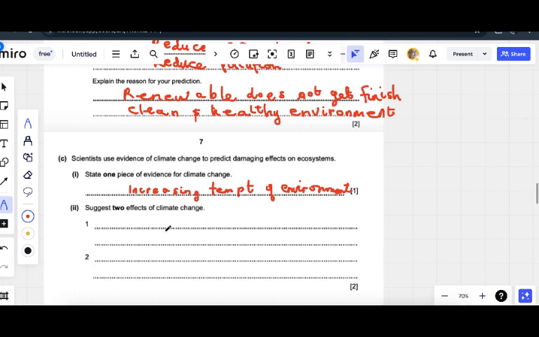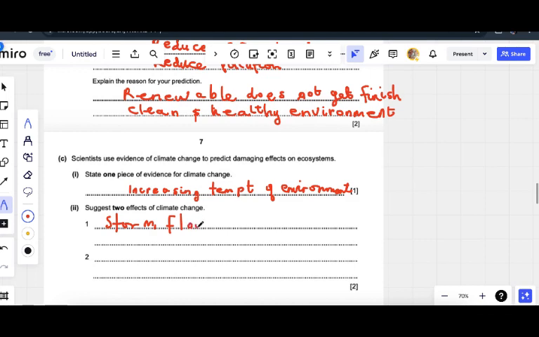One is the melting of land ice in the Arctic region, ice will start to melt. Storm, flood, and wildfire will be more frequent, right? You can see recently there are so many floods everywhere, in many countries.